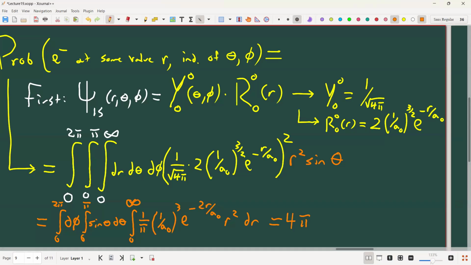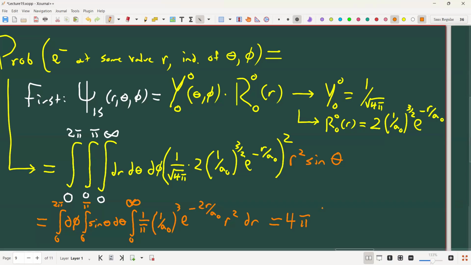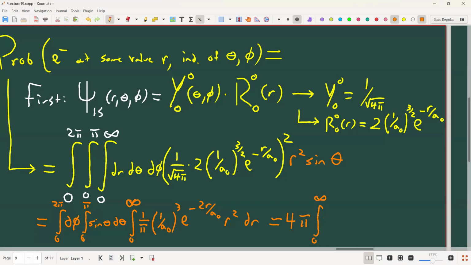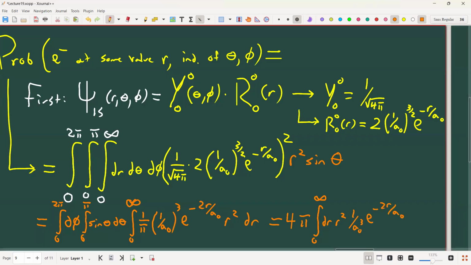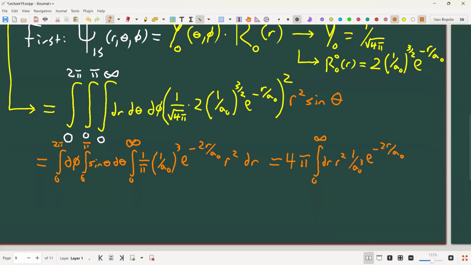And then what we have left is this integral over r, dr r squared, 1 over a naught to the third, e to the minus 2r over a naught.